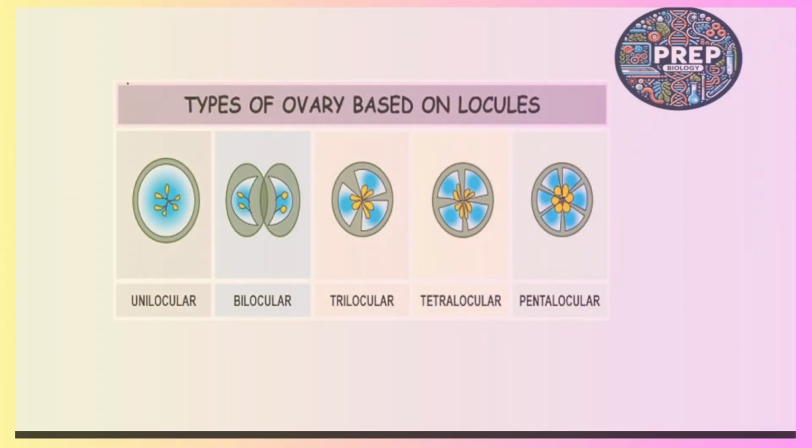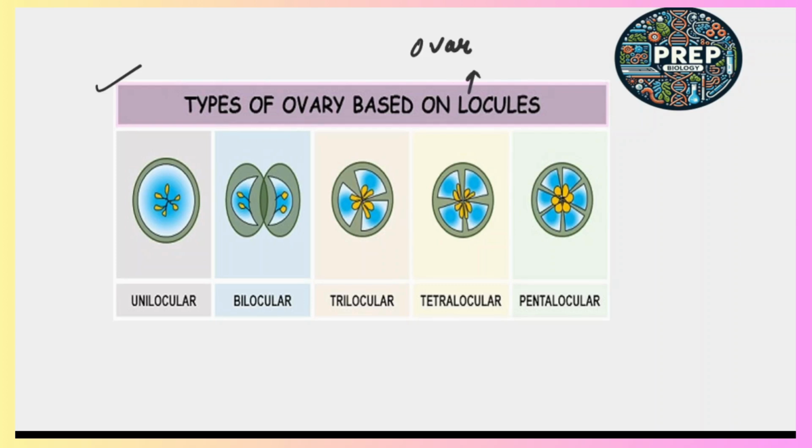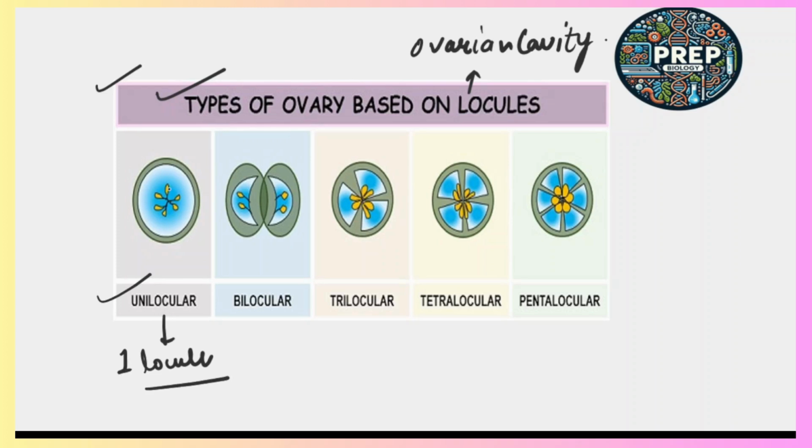Now let's see the different ovaries in different species based on the locules. We know the locule is the ovarian cavity where different ovules are present. There are different types of ovaries based on the locules. We have unilocular. Uni means single, one locule is present, as you all can see here. These yellowish parts are the ovules, and this bluish color is the locule.